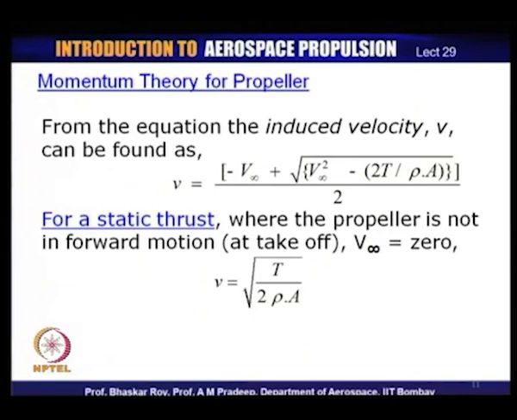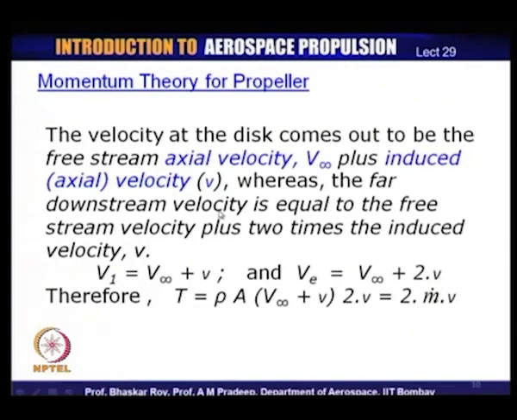Now, we need to know what the induced velocity is, and this is of course the velocity that has been created through the actuator disc. This can now be written down in terms of this relationship from the earlier relationships that we had developed.